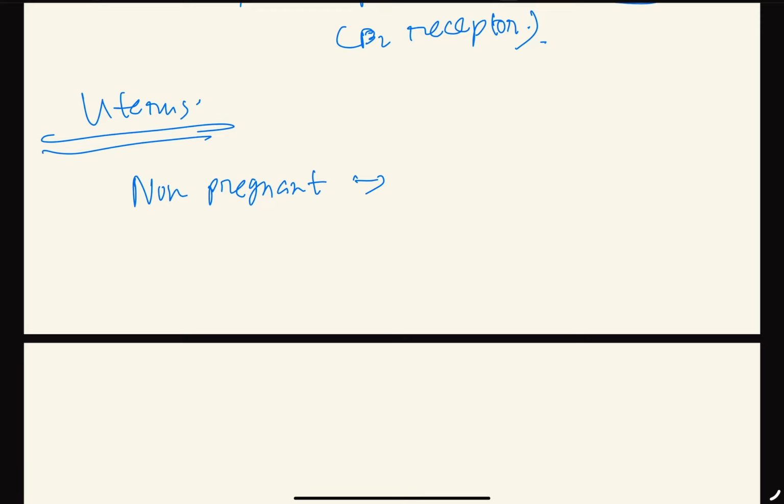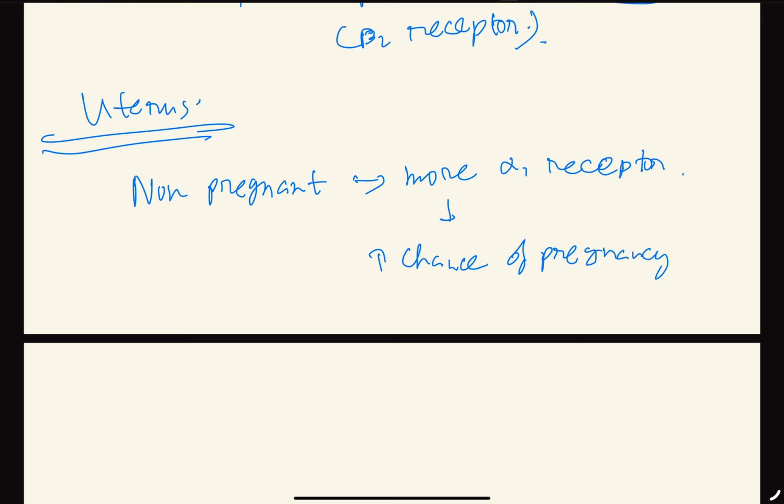In non-pregnant uterus, there is more alpha 1 receptor, so it facilitates or increases the chance of pregnancy, because when the uterus contracts, it facilitates the movement of sperm through it, so that it increases the chance of pregnancy.